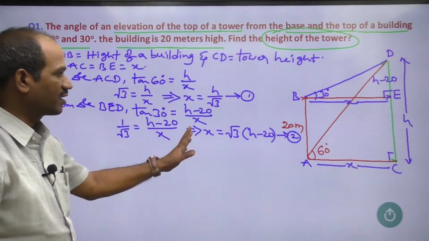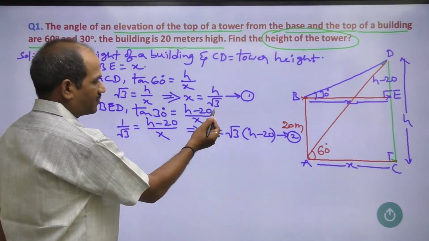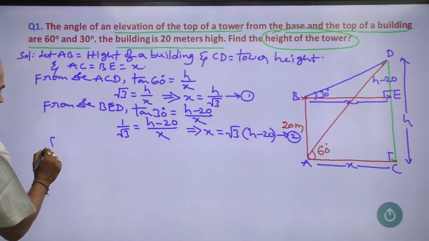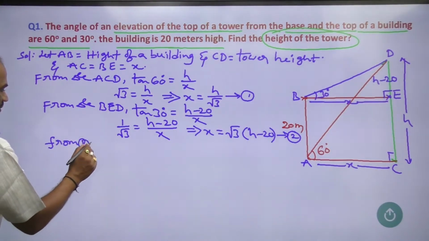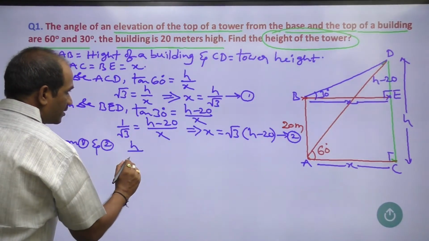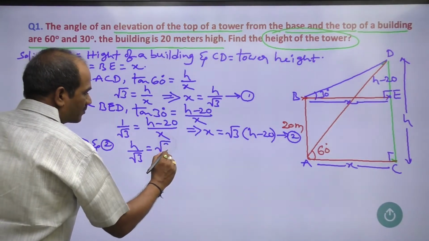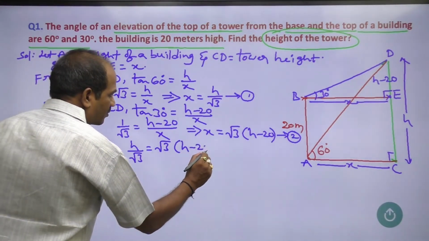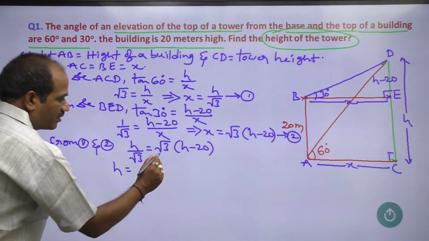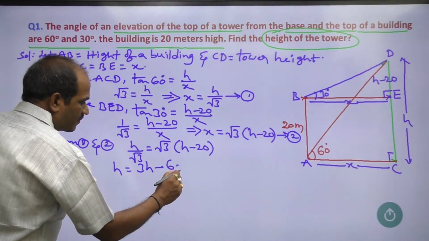First triangle, second triangle. From 1 and 2, this X value and this X value are equal. So H by root 3 is equal to root 3 into H minus 20. Cross multiplying, H is equal to root 3 into root 3, that is 3, so 3H minus 3 into 20, that is 60.